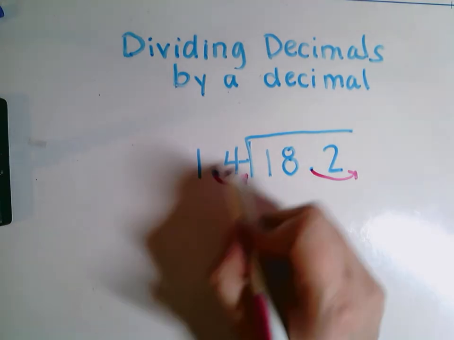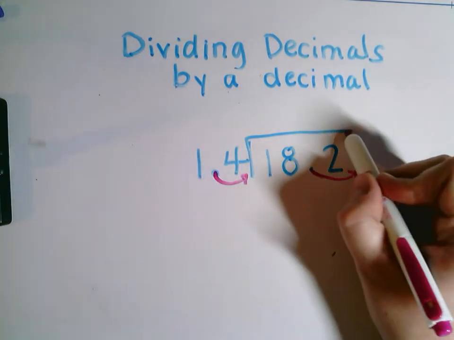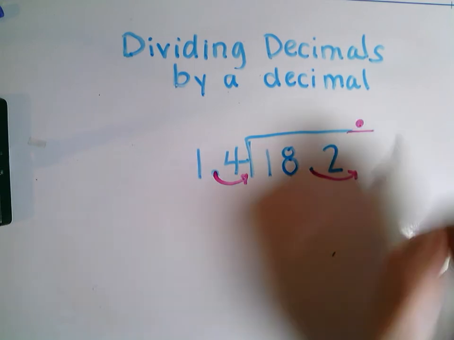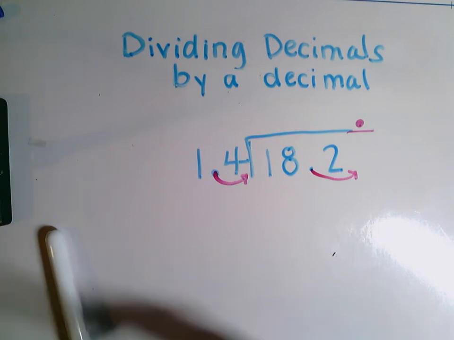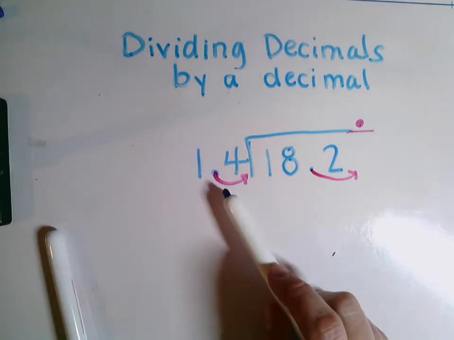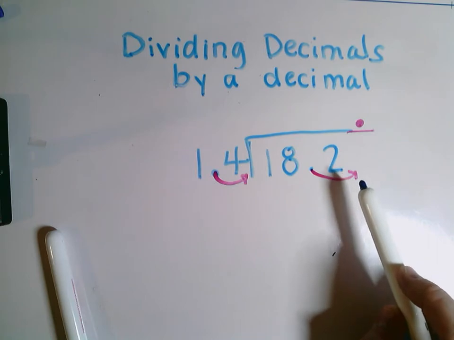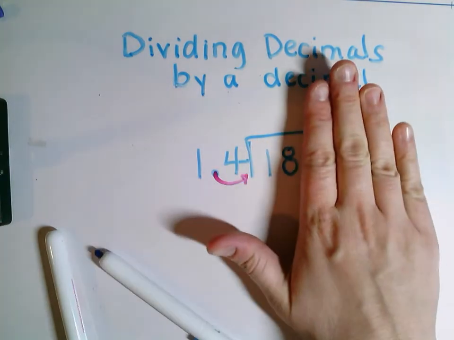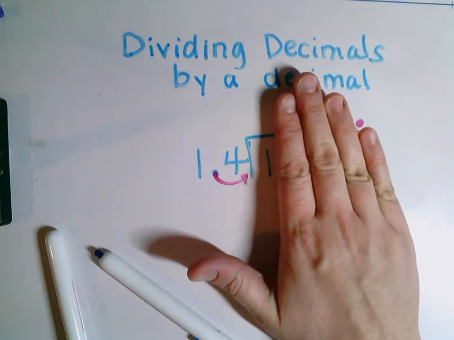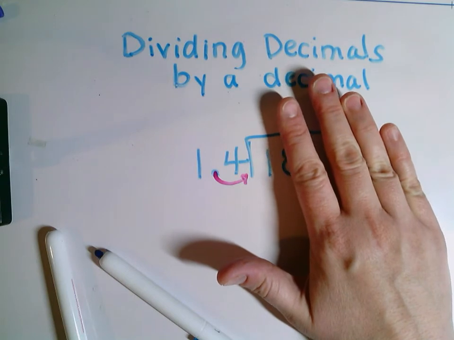And now I'm going to think about using the number 14 and the number 182, and I'm going to put my decimal point up in my quotient before I get started. So now I'm going to think, what times 14 is going to get me to 182? Let's break it down. In my hundreds place, I have 1.